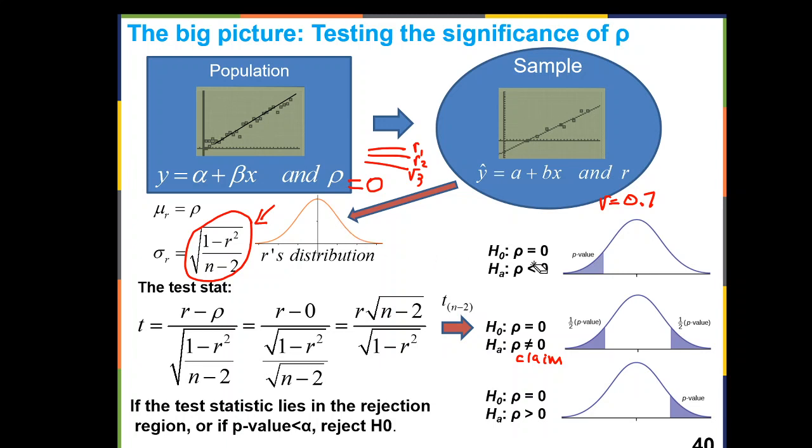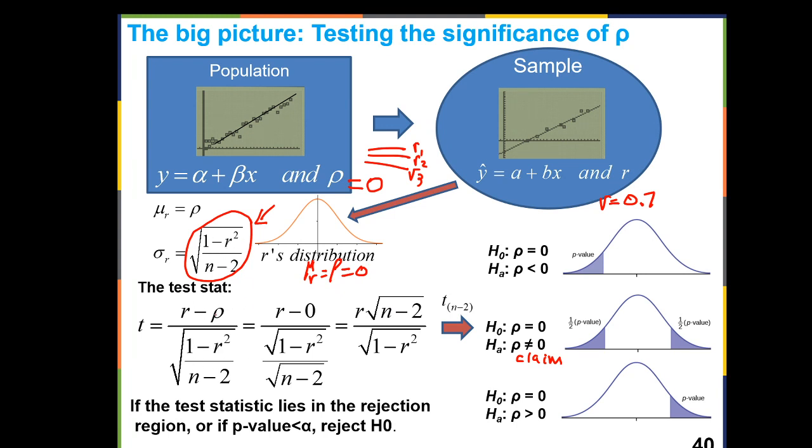And since we assume that rho is 0, the mu of the R's is going to be rho, which is 0 in this case, I mean, in this case of R in this chapter. Okay, now to standardize these R's, we have to take each R and subtract its mu from it and divide by its standard deviation.